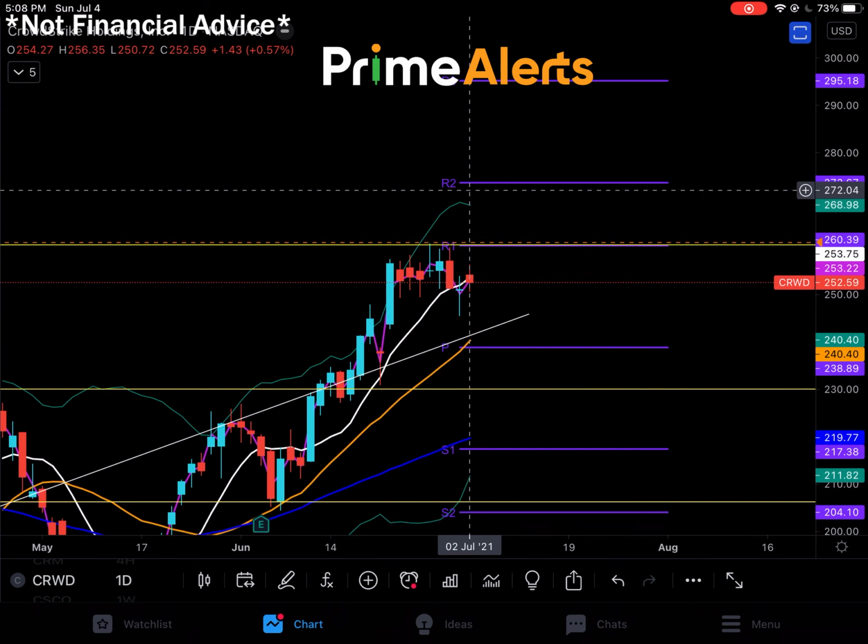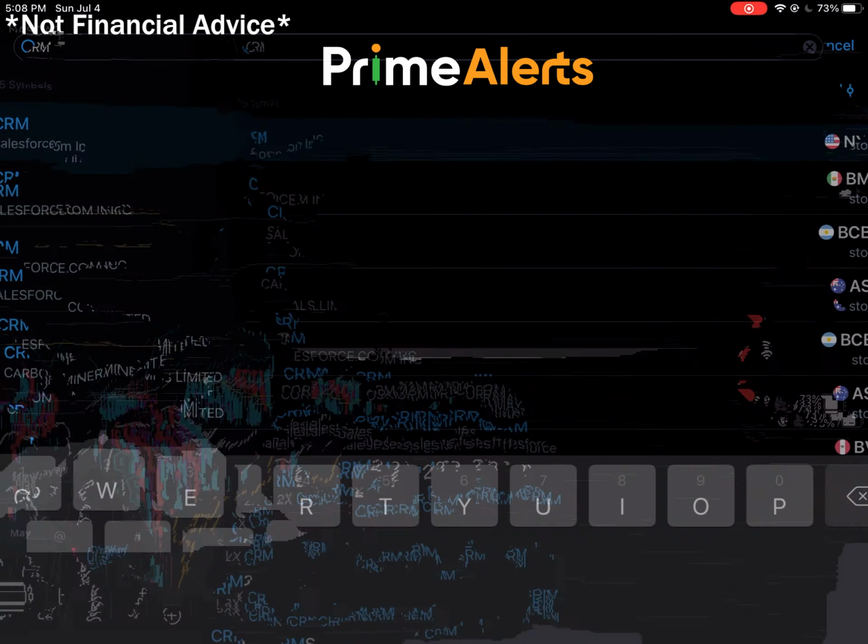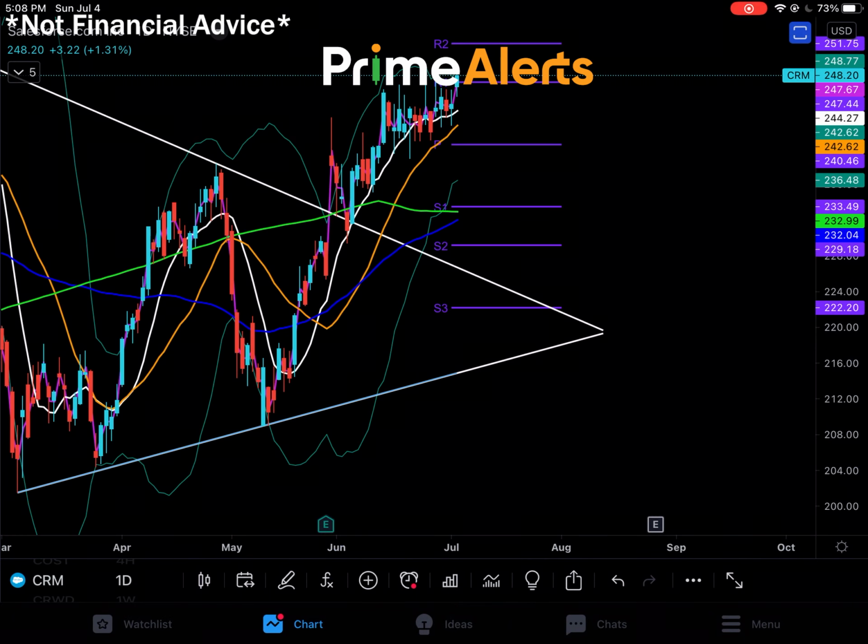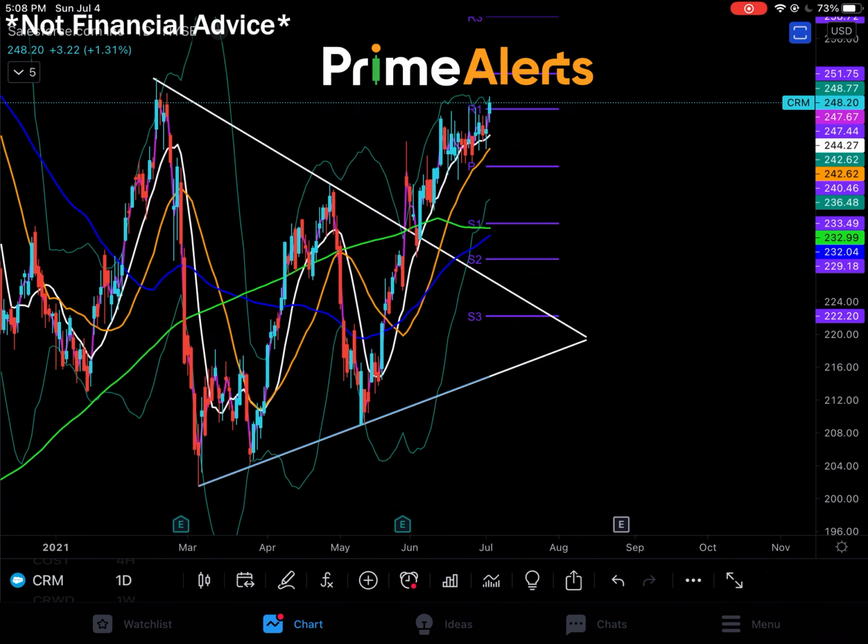So we got CRM. Now CRM had a beautiful clean breakout off this triangle pattern right here. And now what I'm looking for is to make a new high because the top of the trend line right here on February 16th, the high was 251.23.